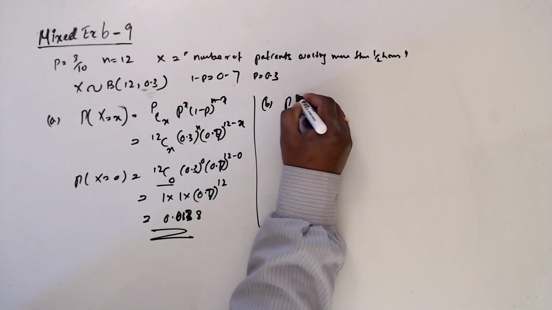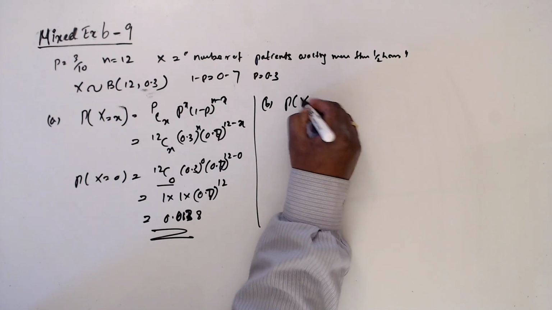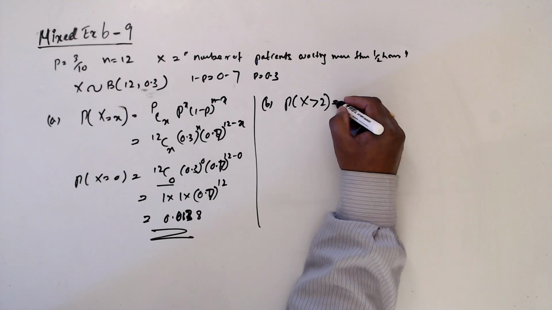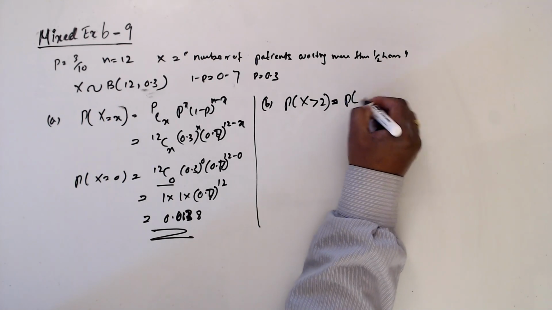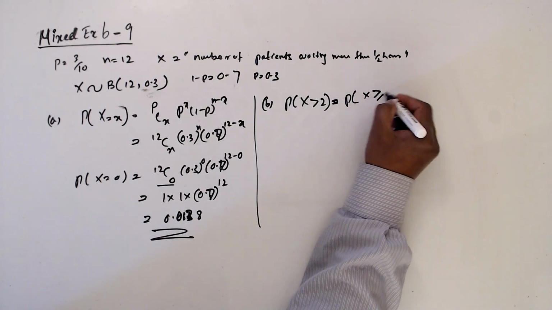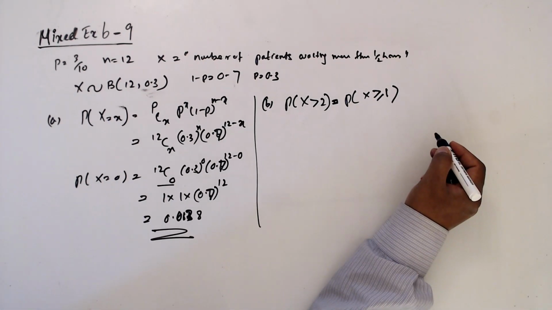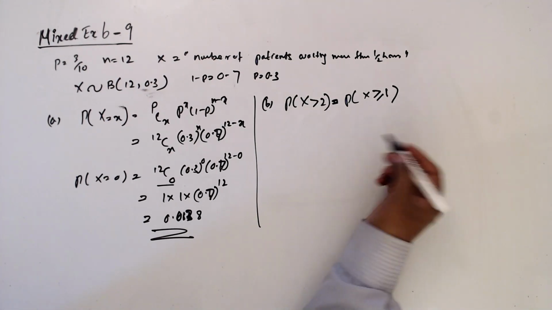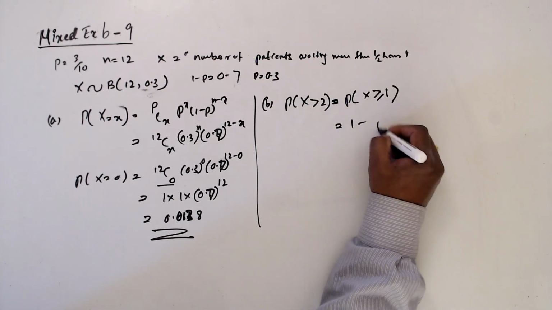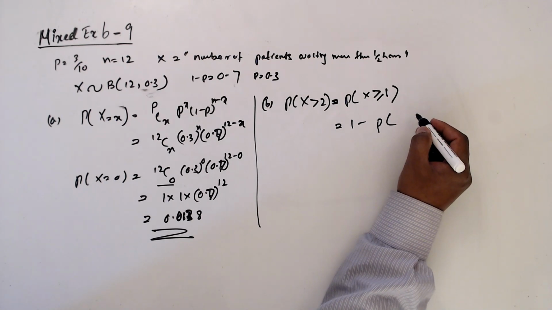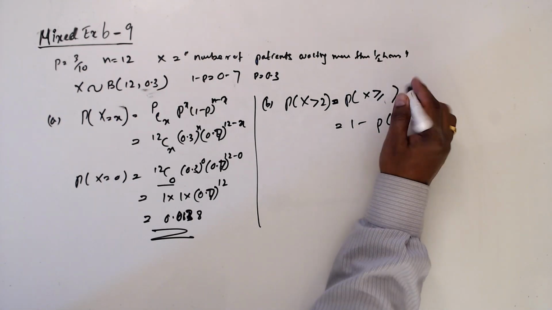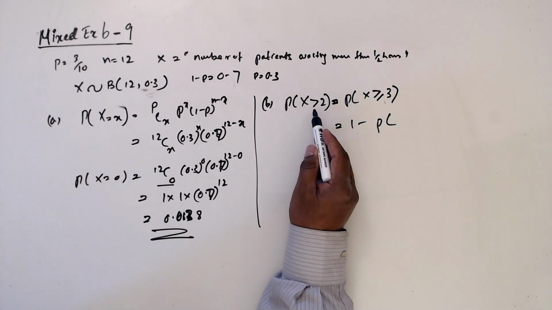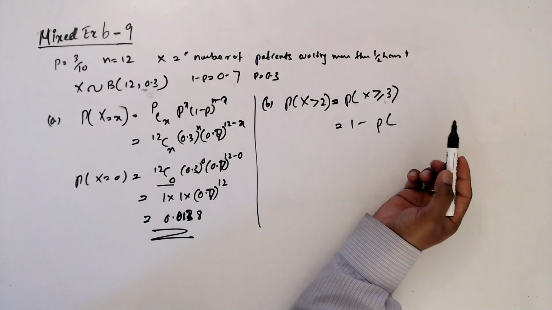So the probability that more than 2 people have to wait means the probability of X greater than or equal to 3. We can't take 2; the possibility starts at 3.